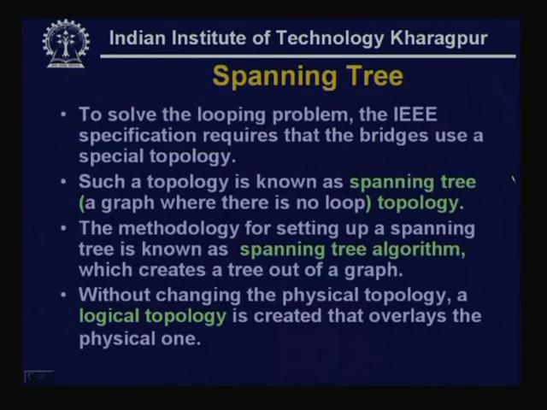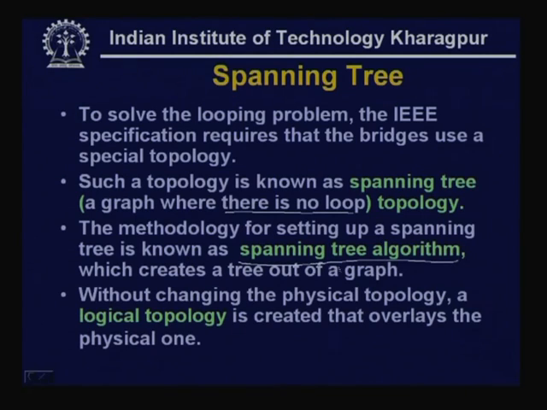The loop problem can be avoided by using a technique known as spanning tree. A spanning tree is essentially a special kind of graph where there is no loop. So a spanning tree topology is created. The methodology for setting it up is known as the spanning tree algorithm.